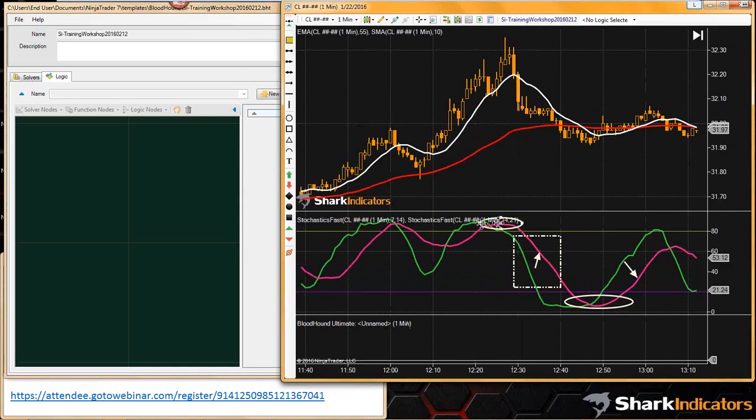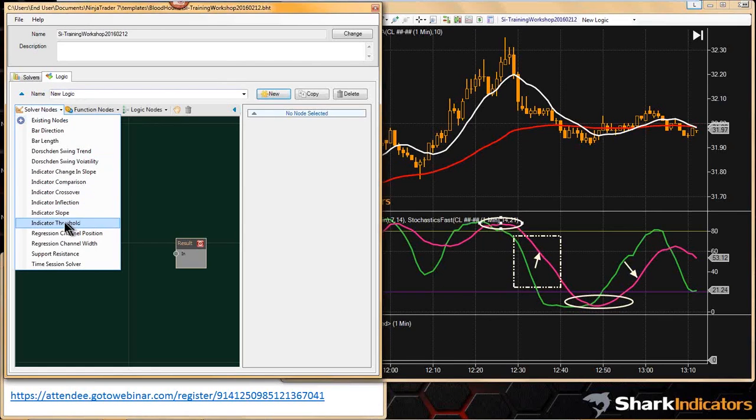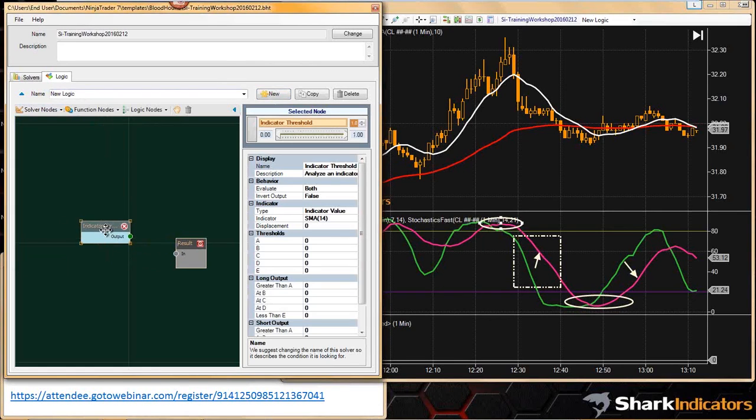So for condition A, I'm going to use a threshold solver here. All right, so I'll grab a threshold. There we go. Connect it up. Let's give this a name here.